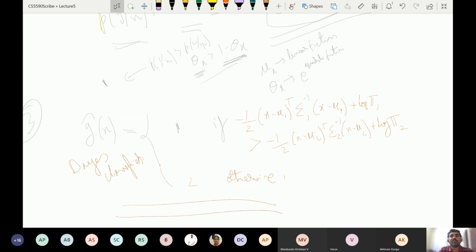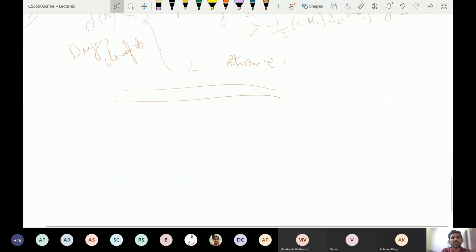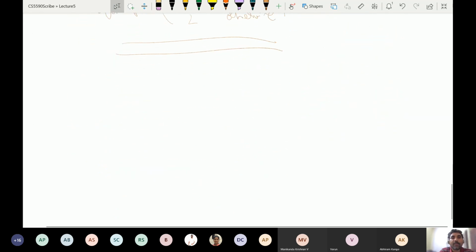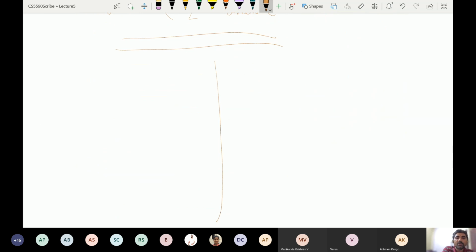If not, let's try to give a visualization of how all of this looks. Suppose I am in 2D. So my x is in R2 and I have a binary classification problem. This is my first feature, and this is my second feature.